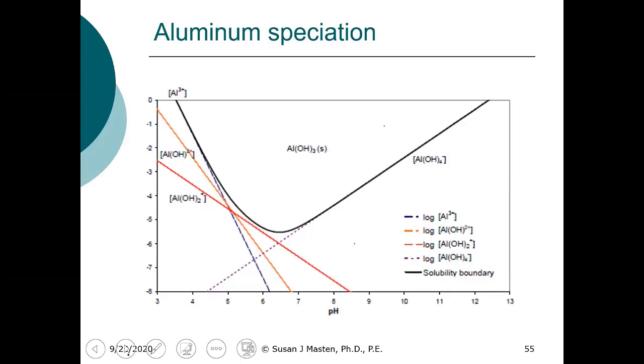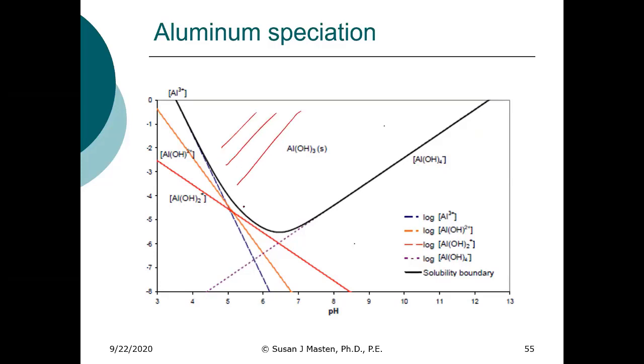And that actually corresponds to the solubility of aluminum hydroxide. So this is a pC-pH diagram or solubility diagram for aluminum hydroxide.